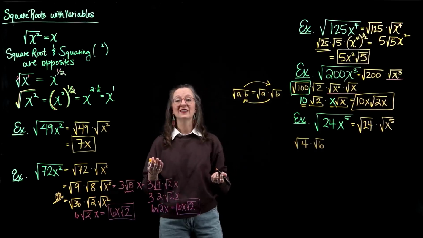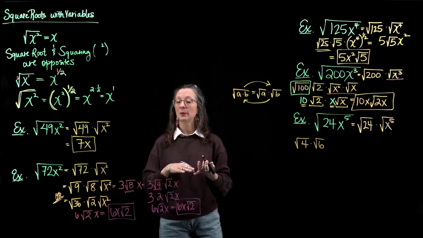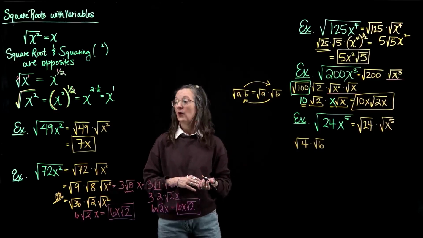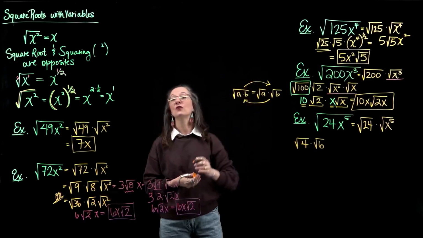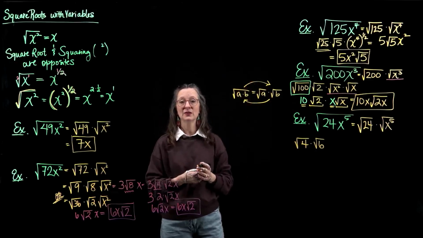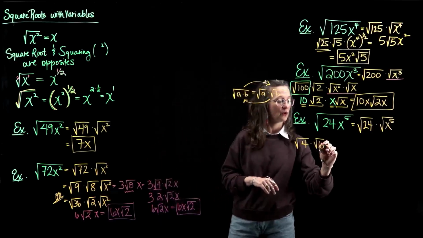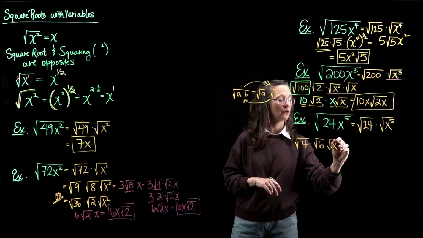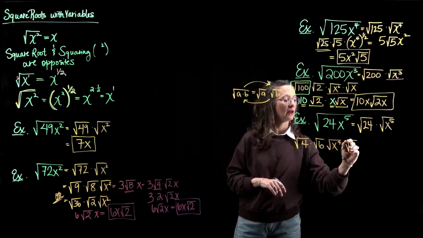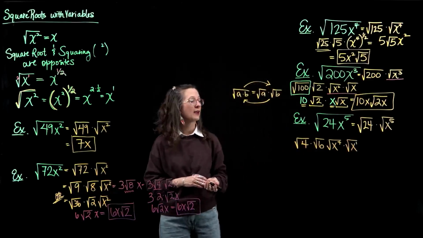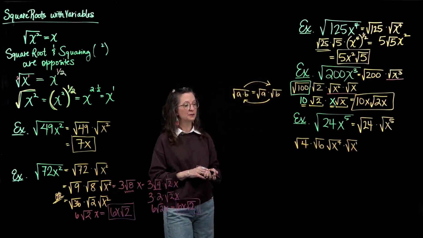X to the 5th, I want to write as a perfect square times whatever's left over. Remember that x to the 4th is a perfect square. It's x squared squared. So this would be the square root of x to the 4th times the square root of x to the 1st, if we were to write that sneaky 1 up there.